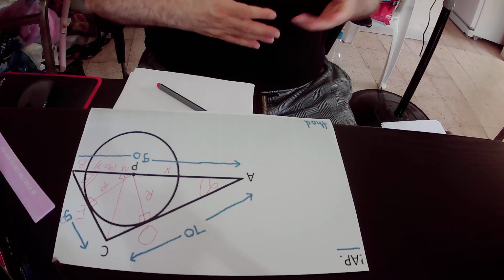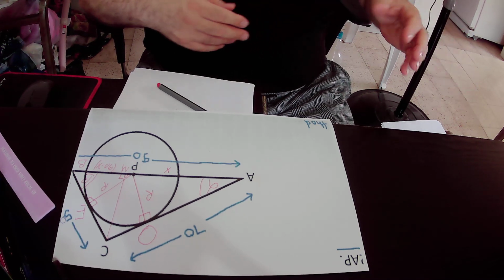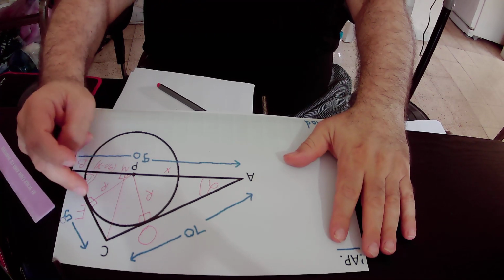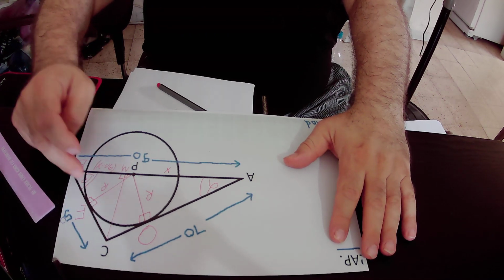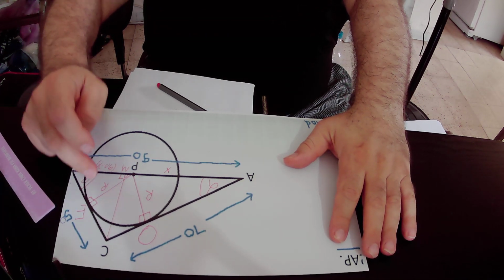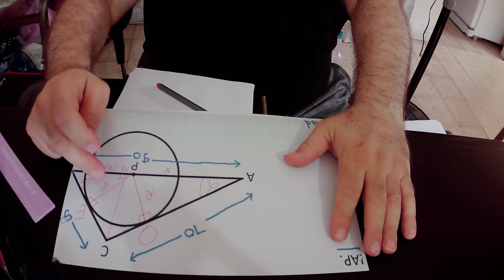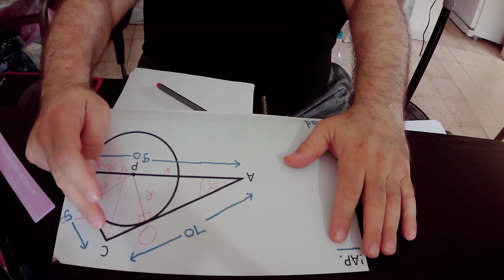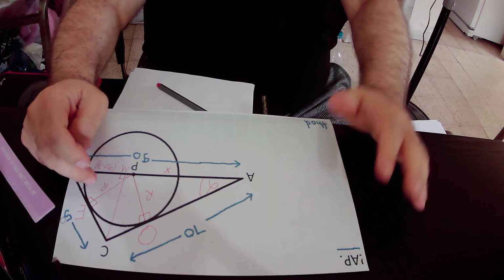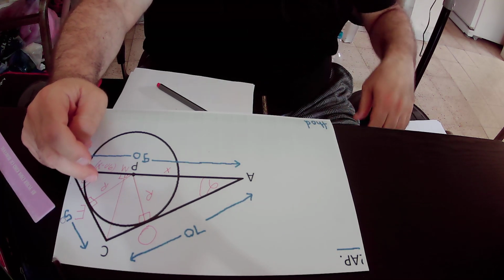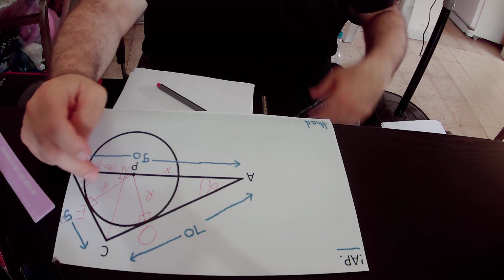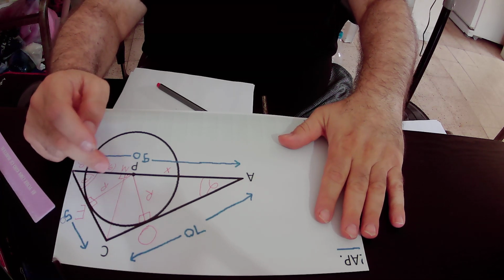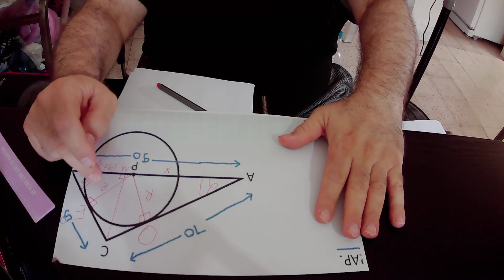For that reason, according to rule number 1, the radius is perpendicular to the tangent of this radius, so angle PEC equals 90 degrees, and also angle PEB equals 90 degrees.